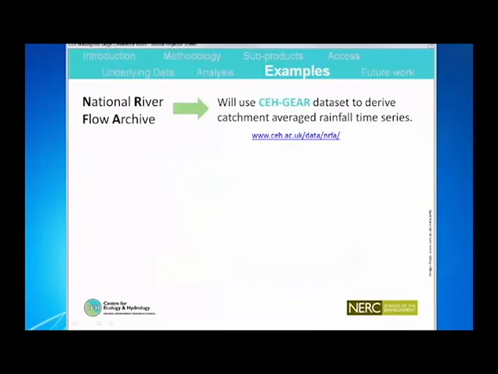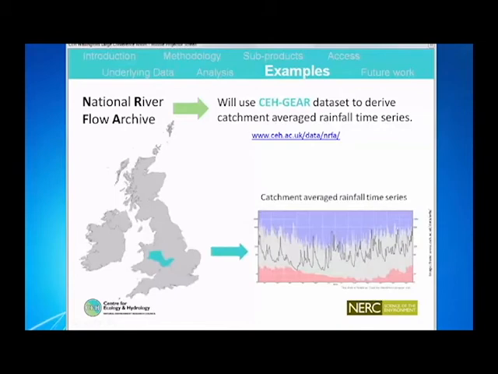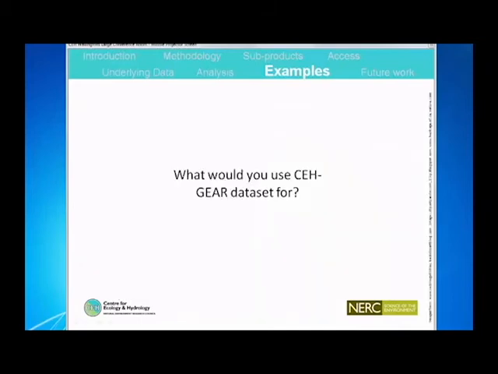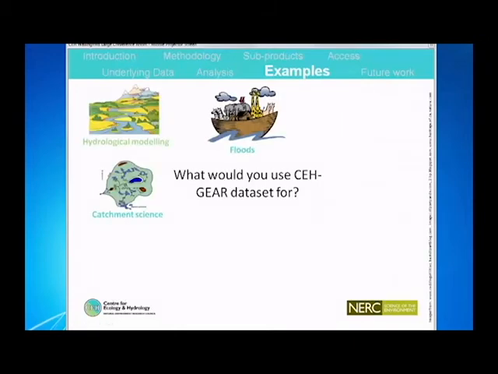Third example is the National River Flow Archive. CEH is planning to derive some catchment rainfall average time series that they will then make available together with the rest of the data they hold. So I would be curious to know, what would you use the CEH-Gridded dataset for? Apart from the three examples I've given you, I've had requests for the data from a variety of people from different fields, such as hydrological modelers, catchment scientists, people studying floods, both recent and historical floods, although the data doesn't go back far enough so that you could study this particular event.